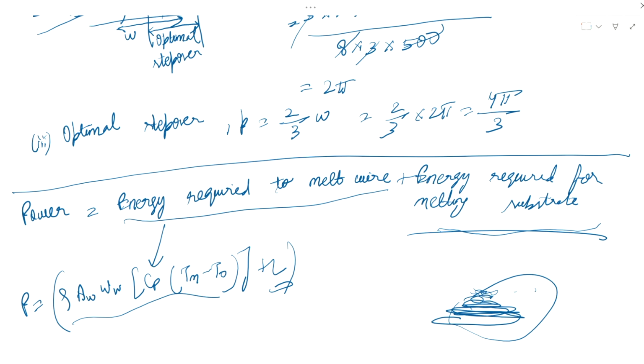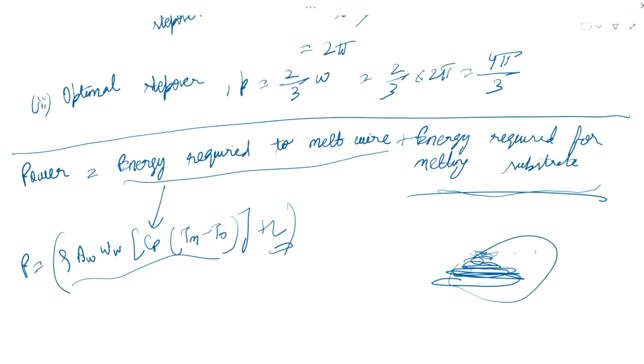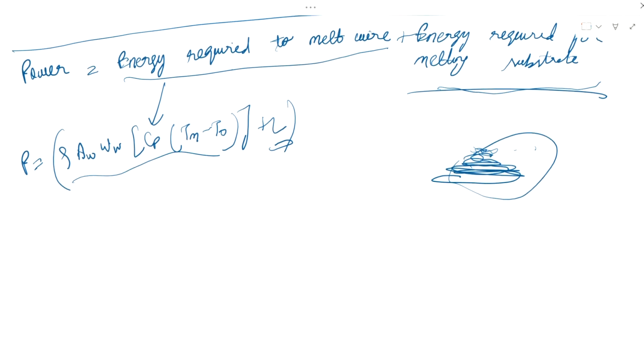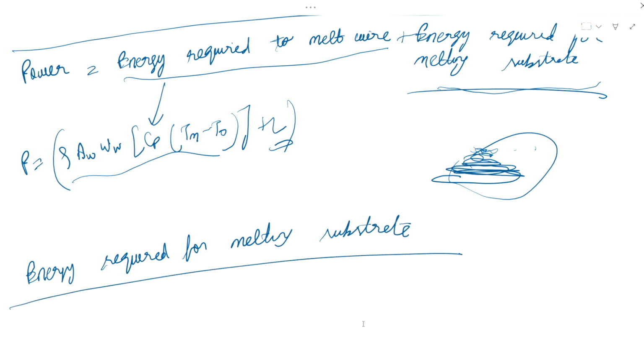Now energy required for melting substrate, this will be rho A_P V_T, A_P is the area of penetration.